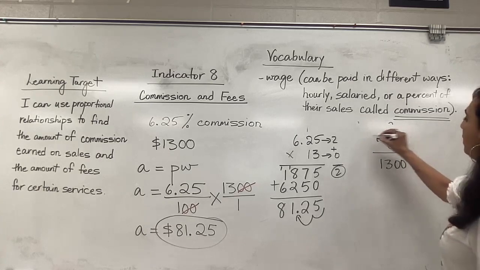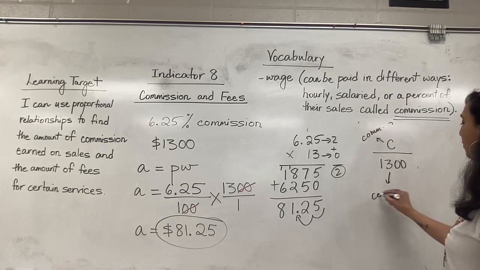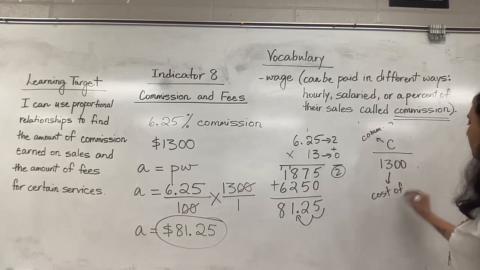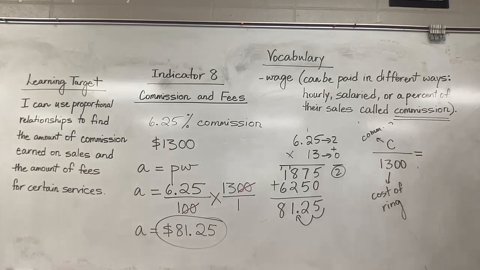So this is the commission. Okay, this is the cost of the ring, is equal to the percent. And what is the percent? It is 6.25 over 100. So this is my percent over here.